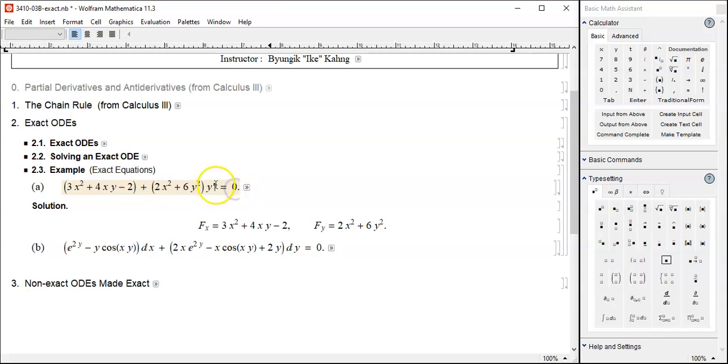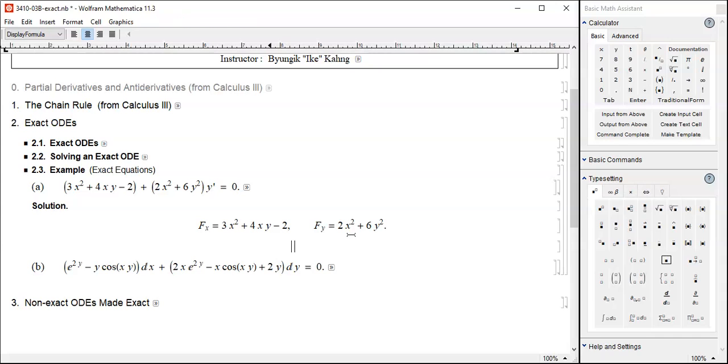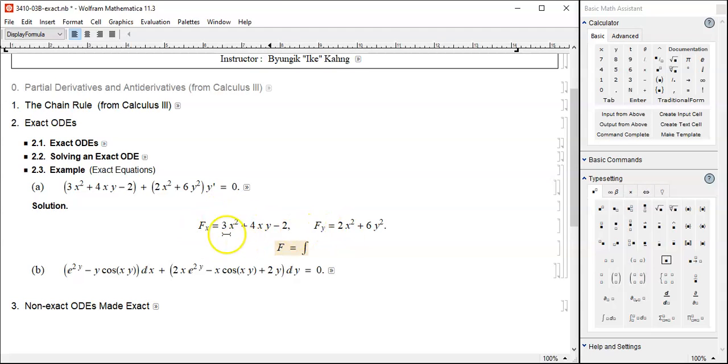It's easy to remember. This is y prime there. That's the y part. Okay, all right. And then let's look for f, and how do I find that? Its derivative is here, so you can take the antiderivative by that character, and that's going to give me my f. So this is f sub x, partial derivative with respect to x. So integrate it with respect to the same variable x, then I'm going to get the original function f back.